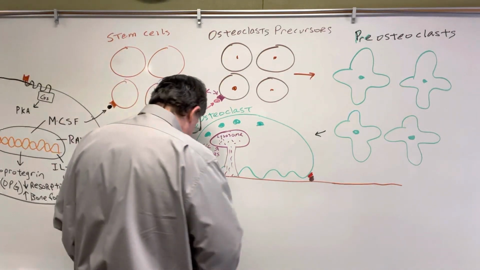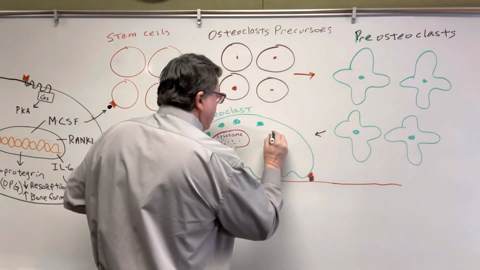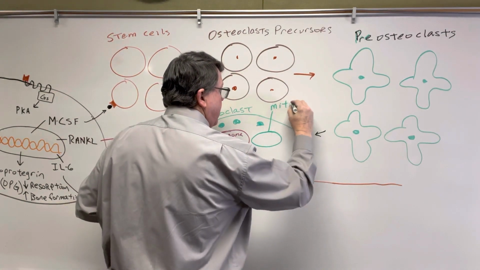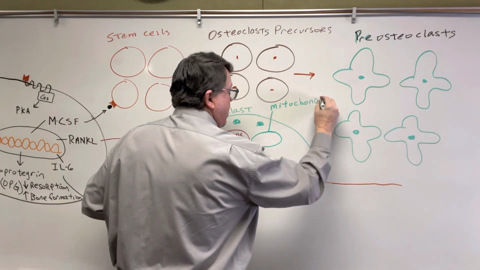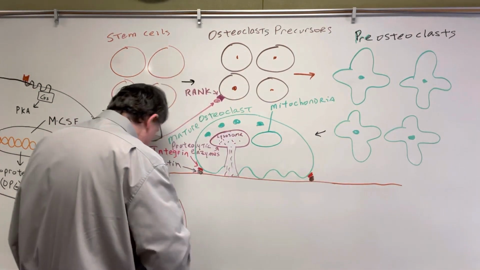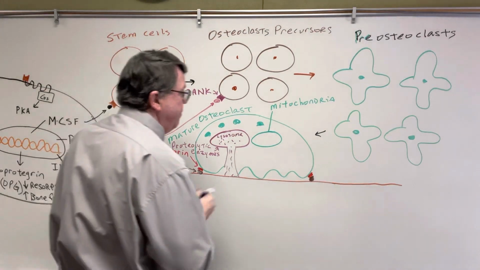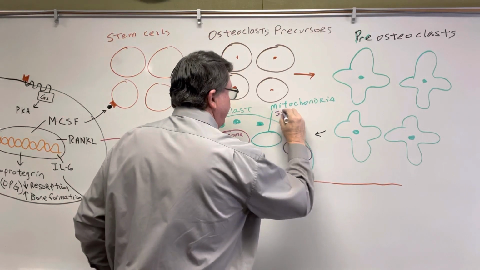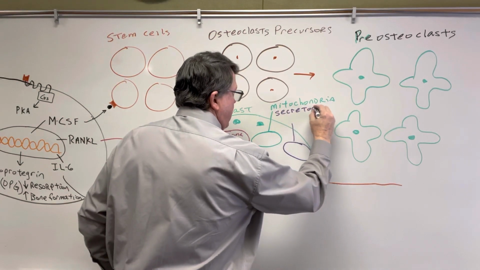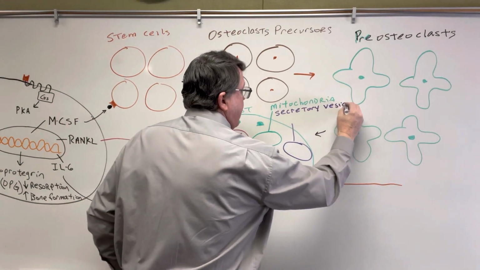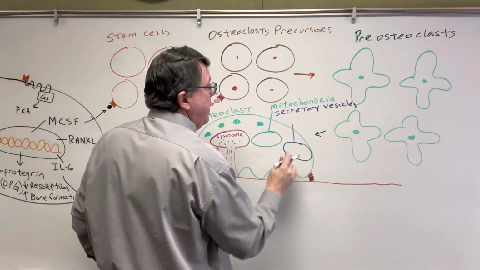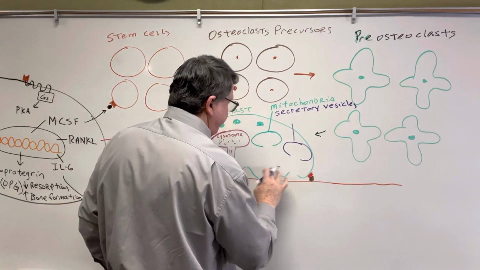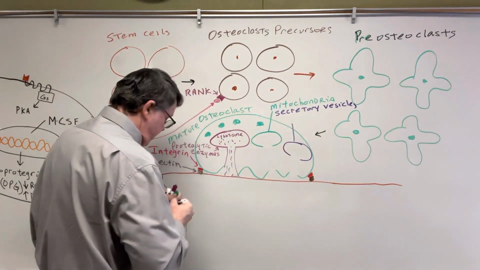Now, also inside of here, you're going to have mitochondria. You're also going to have, let me use purple here, some secretory vesicles. And these are going to do the same thing. They are going to fuse with the cell membrane. Actually, the mitochondria won't. The mitochondria does not.